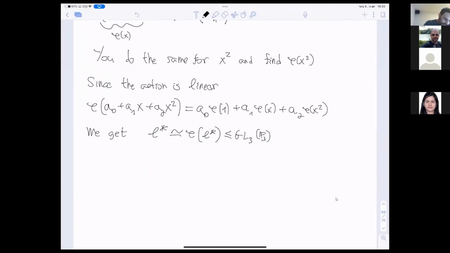The obtained map from L star to GL_n is a homomorphism.